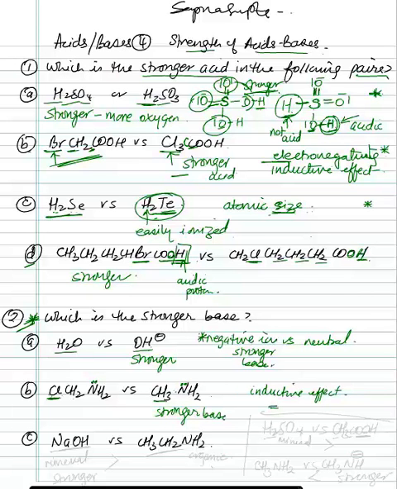The last one here is sodium hydroxide versus CH3 CH2 NH2. Wherever you see a lot of carbons, that means that something is organic in nature. And NaOH, sodium hydroxide, you already know is what we call a mineral base. Like a mineral acid would be sulfuric acid.